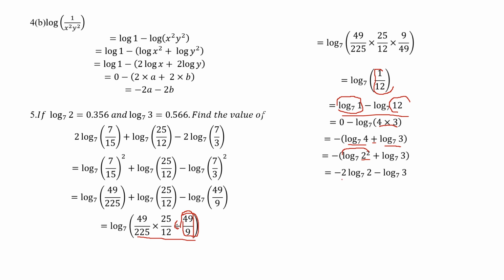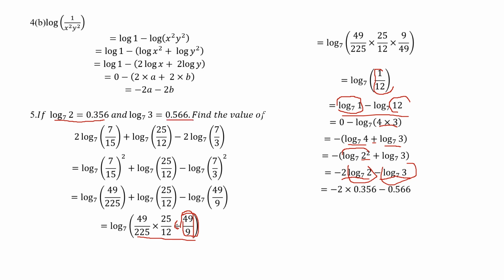Then we also open the bracket to have a minus 2 log 2 base 7 and also a minus log of 3 base 7. Now we are going to substitute this one as given in the question, and we also substitute this one here as given in the question.